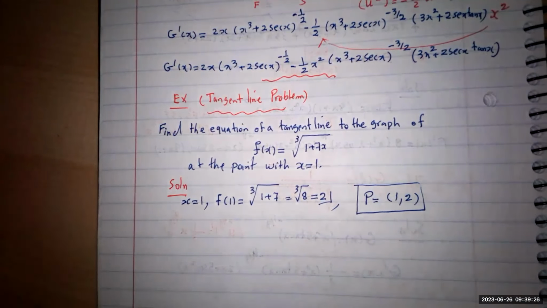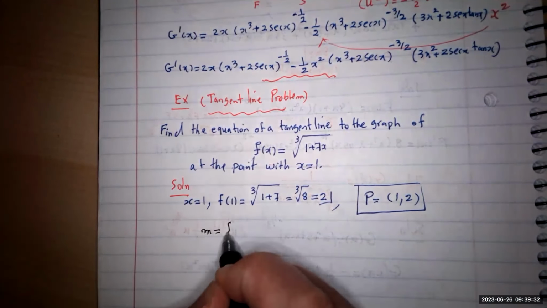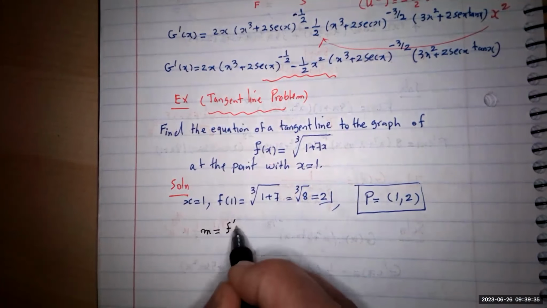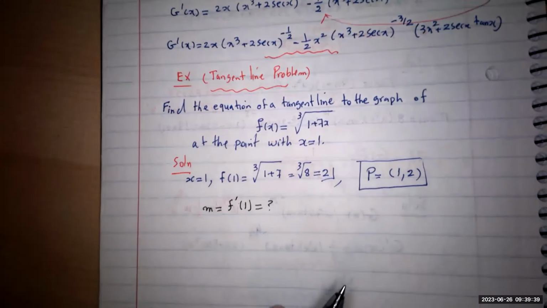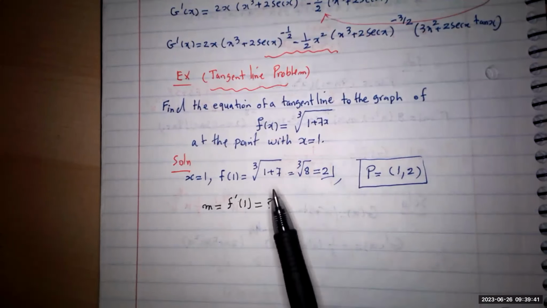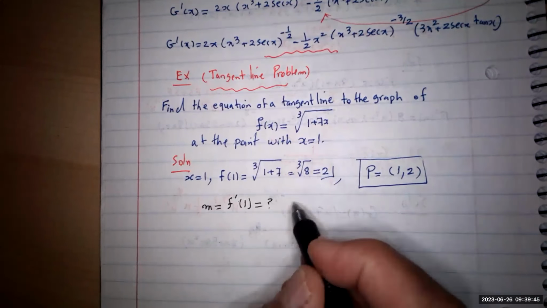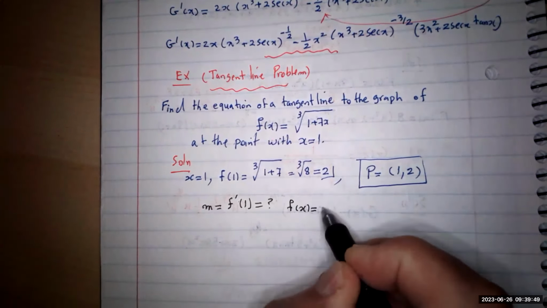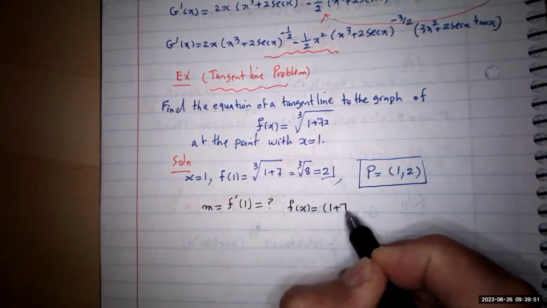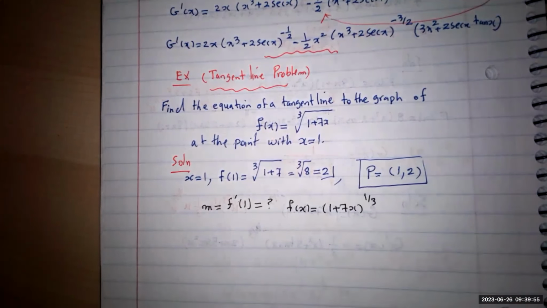Okay, step 2. Step 2 is the slope, m. This is calculus. The slope is the derivative of the function at 1. So we have to find the derivative, but to find the derivative, we have to rewrite the function. So f of x equals (1 plus 7x) to the 1/3.